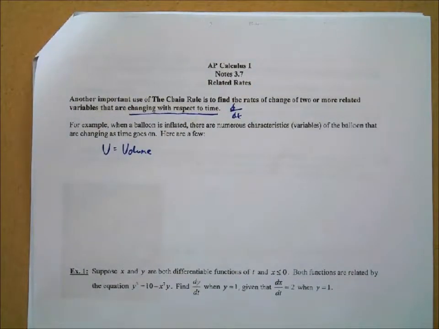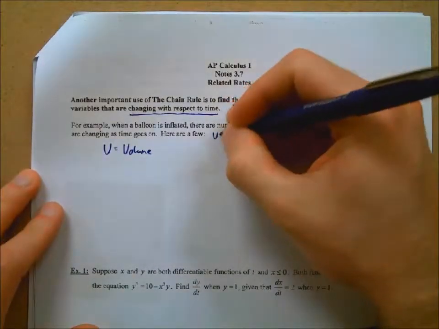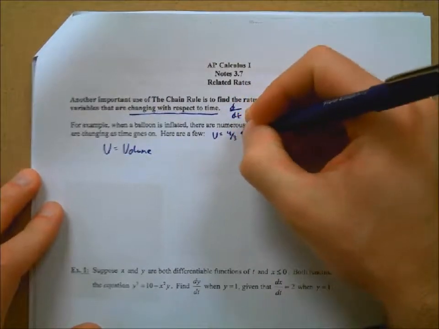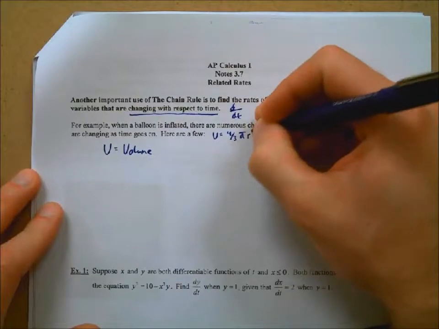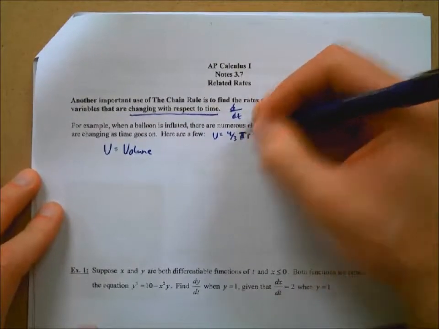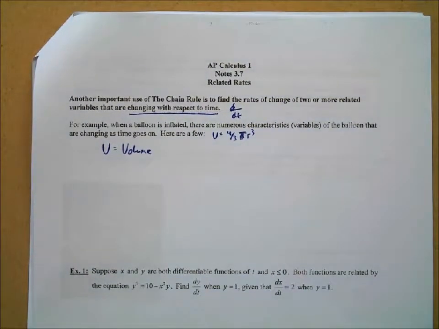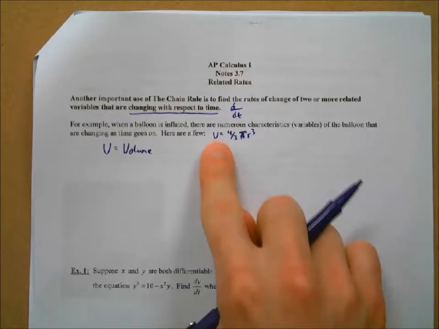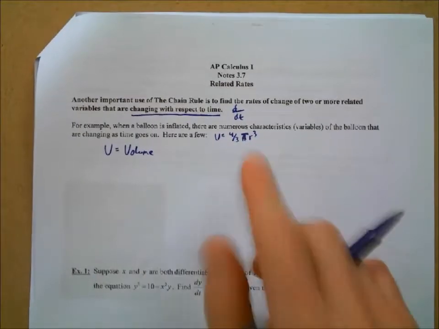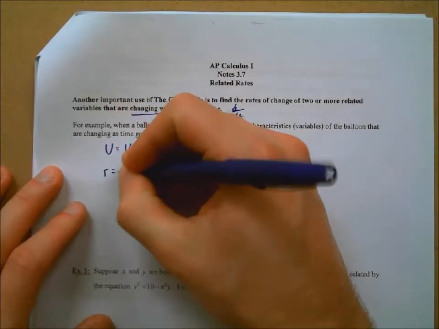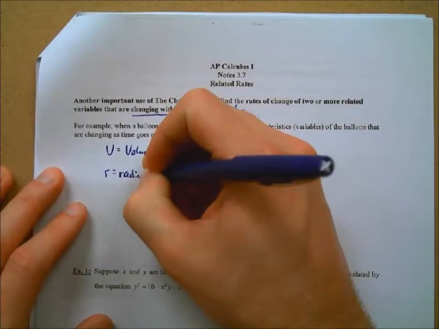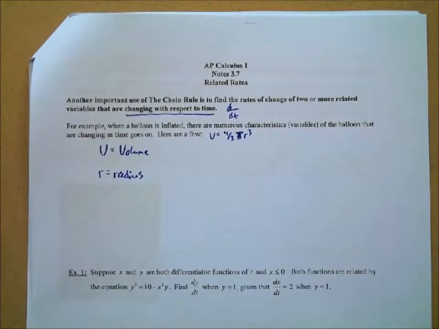But the good news is, you don't need to memorize it. You will be given it. So 4/3 pi r cubed. Another thing that's changing, if the volume is changing, is the radius.